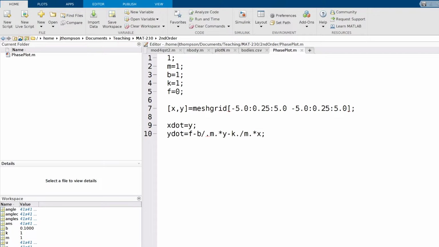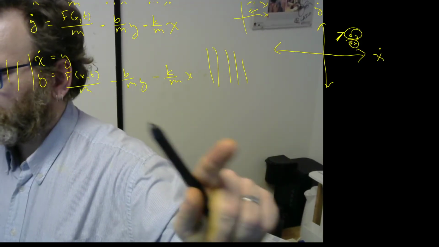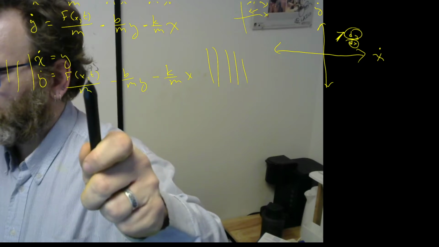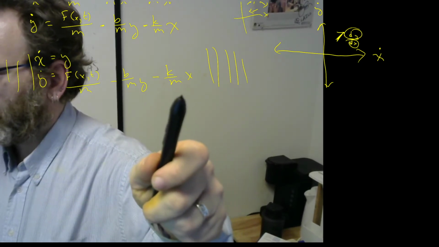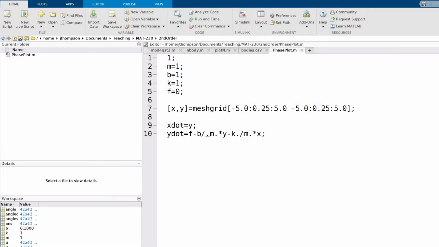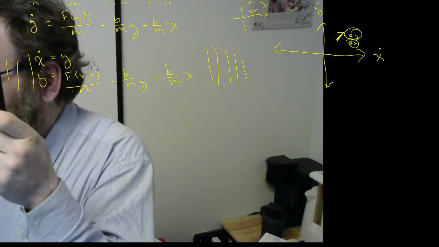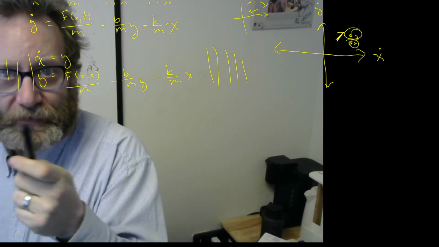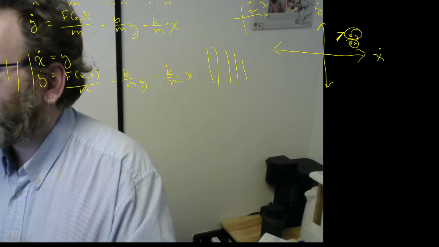F minus b divided by m times y, and minus k divided by m times x. Yeah, so we're good. I like this. This is my silly space, right? I have to look through different things, but we're good with that.